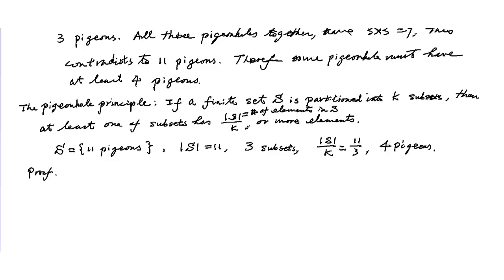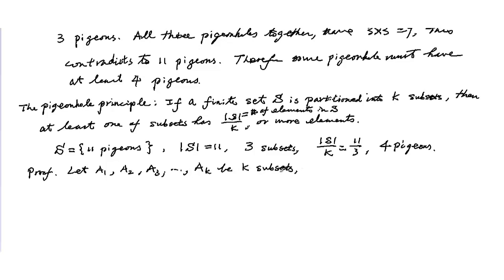To prove the pigeonhole principle, the idea is the same as the example we just discussed. Let A sub 1, A sub 2, A sub 3, and A sub K be K subsets.